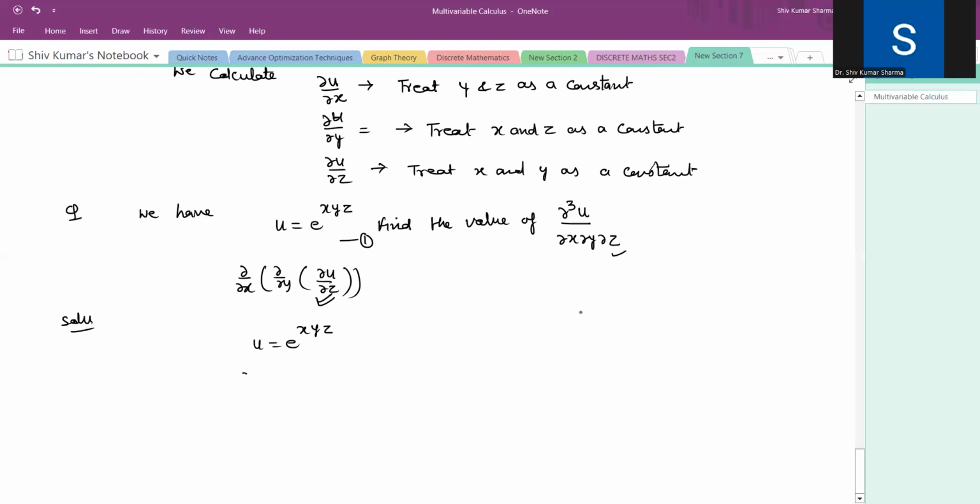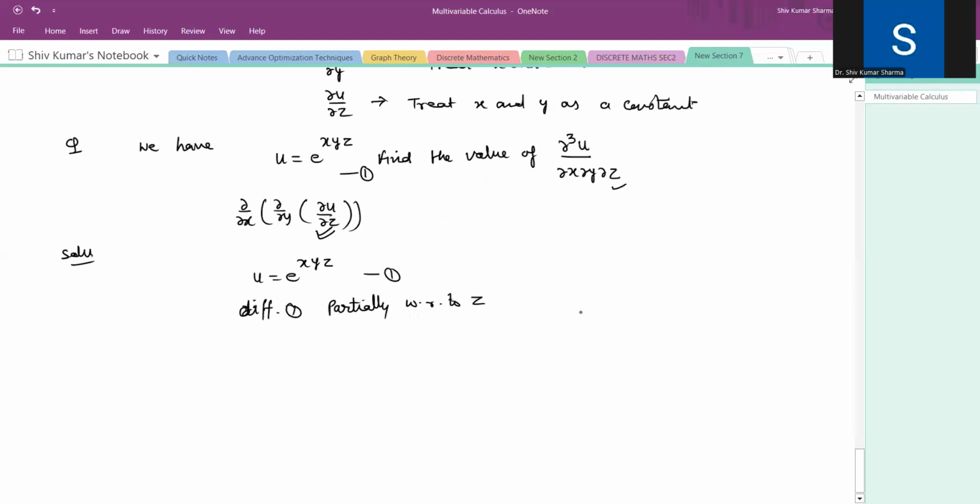When we differentiate this partially with respect to z, we differentiate equation 1 with respect to z partially. Partially means we treat x and y as constants.